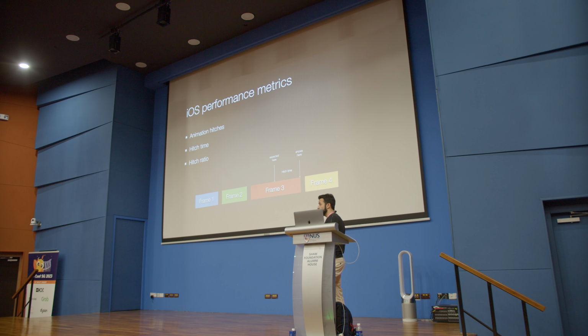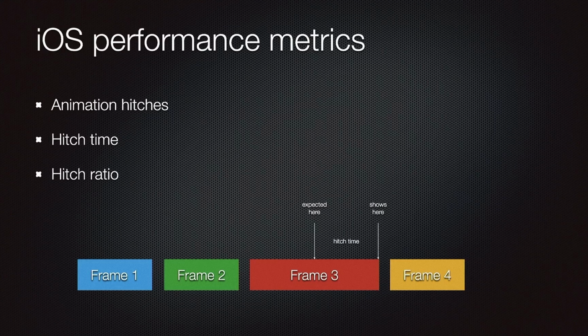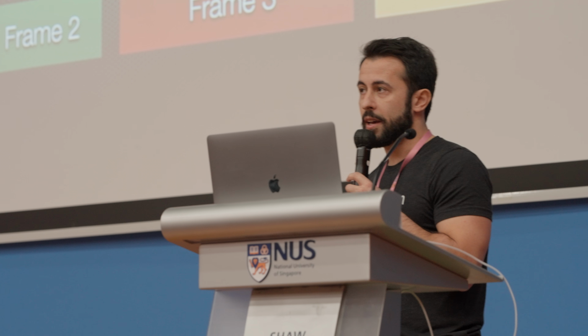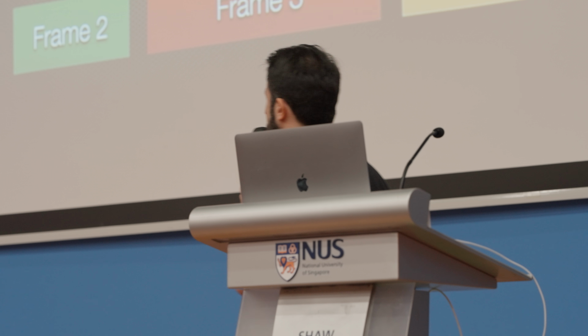If we go more specific in iOS performance metrics, previously frames per second was mostly used as a measure, but lately Apple recommends that we use animation hitches. Basically, a hitch is when a frame appears on the screen later than expected, and the hitch time is the delay that happens.